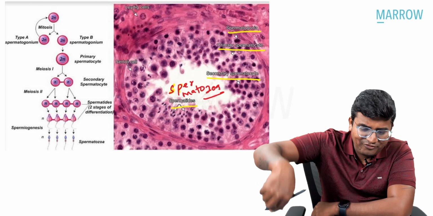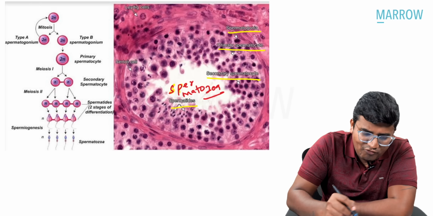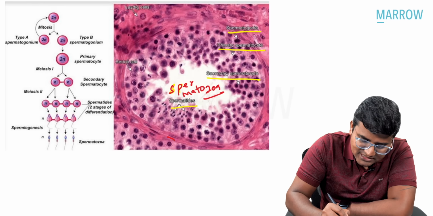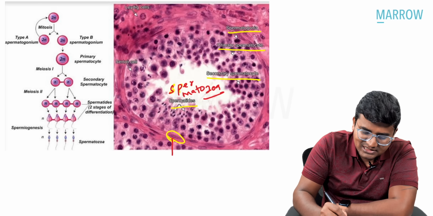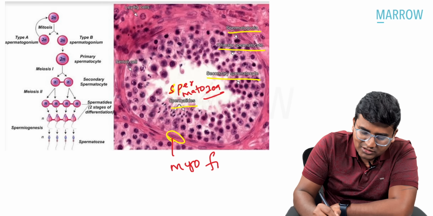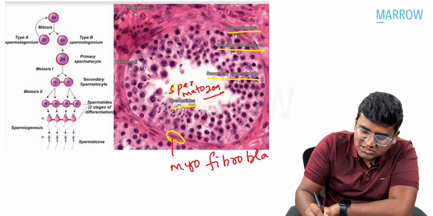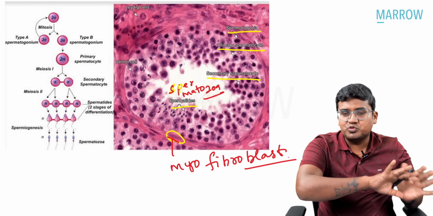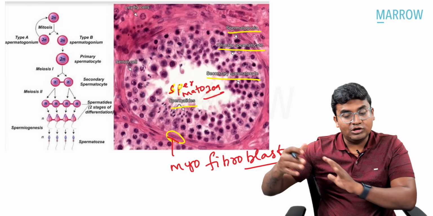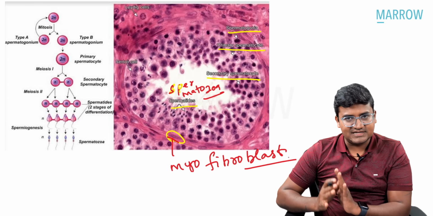But in the periphery, you have the myofibroblast, the myoid cell. The myofibroblast present in the periphery moves the cells towards the lumen. So the outermost cell is our myofibroblast.